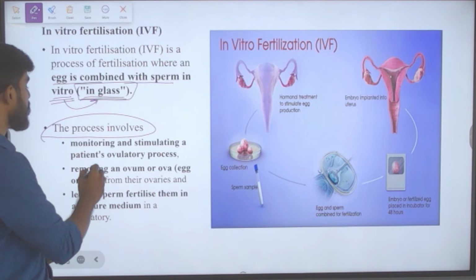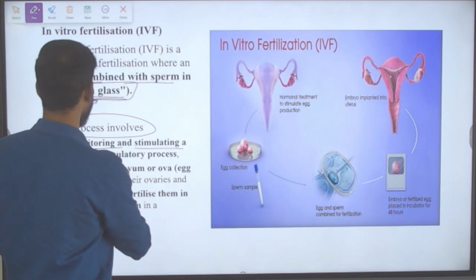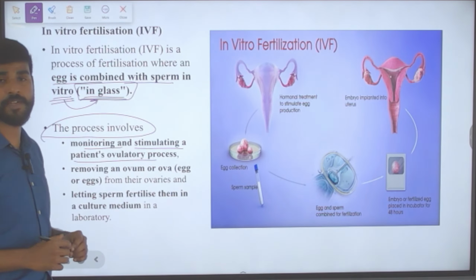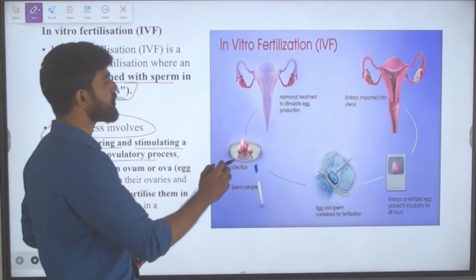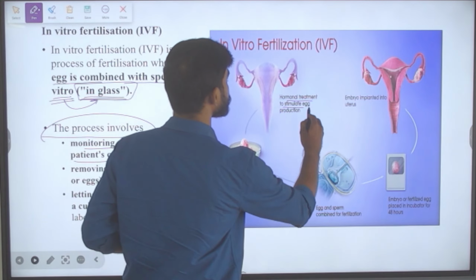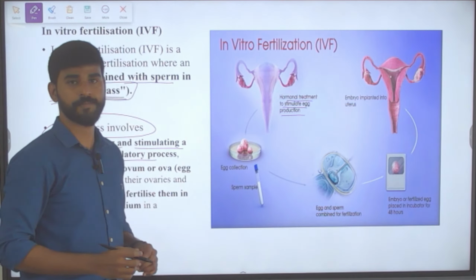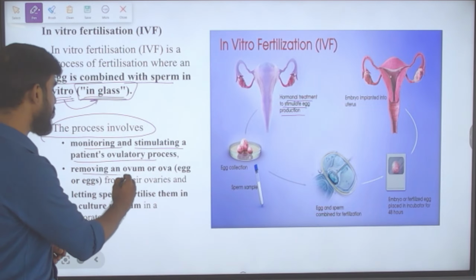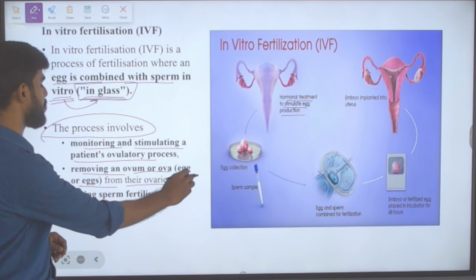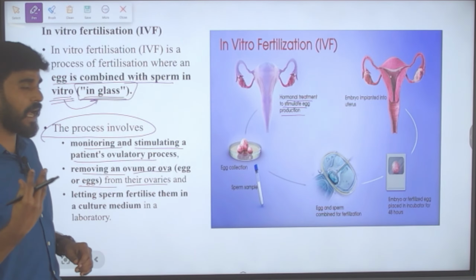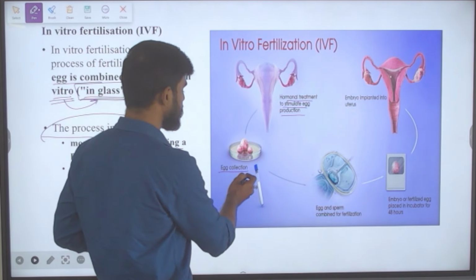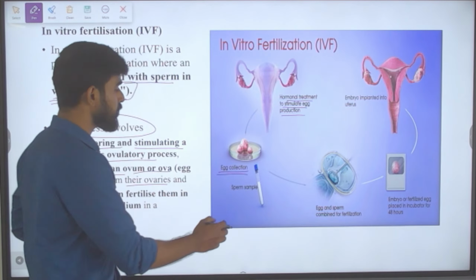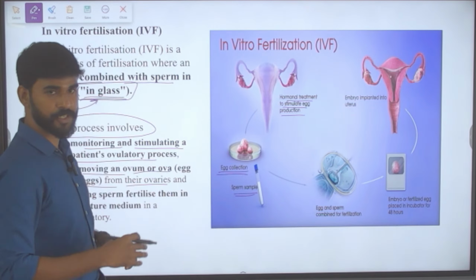The first process is monitoring and stimulating the patient's ovulatory process, so the first step is hormonal treatment to stimulate egg production. Next is removing an ovum or ova from the ovaries. The eggs are to be removed, so egg collection is the second process. Next, sperm collection is done.